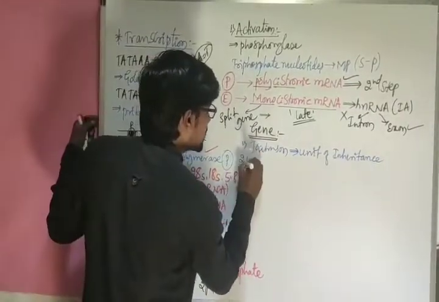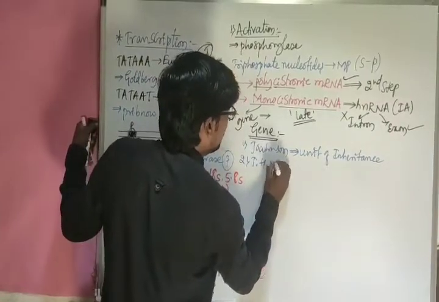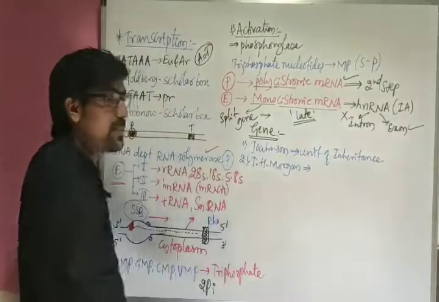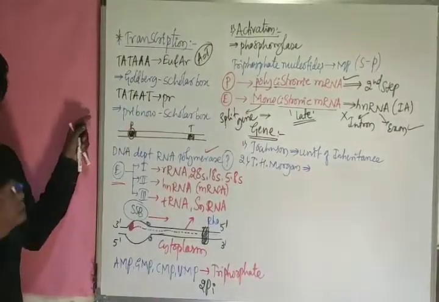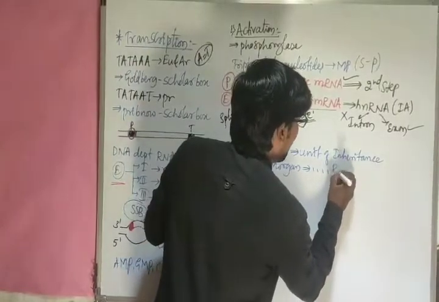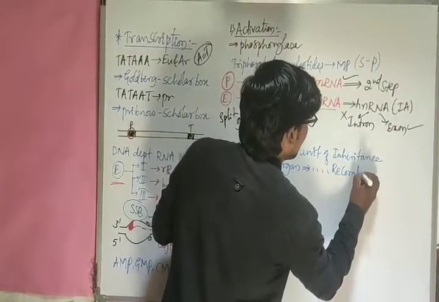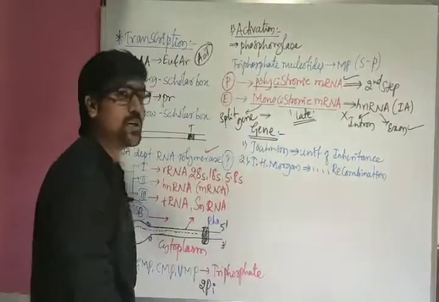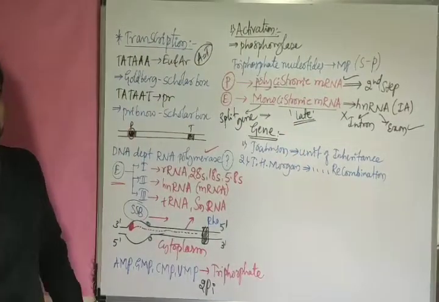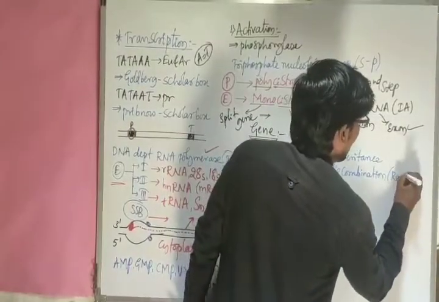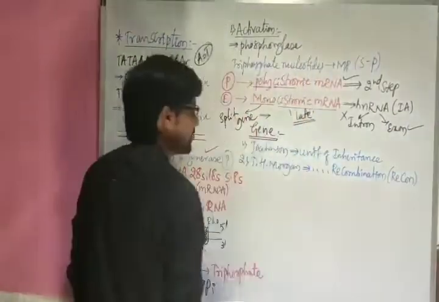According to T.H. Morgan, father of experimental genetics, who worked on Drosophila melanogaster, gene means unit of recombination. Why? Because he majorly focused on the linkage and recombination concept. So the recombination gene is also called recon.